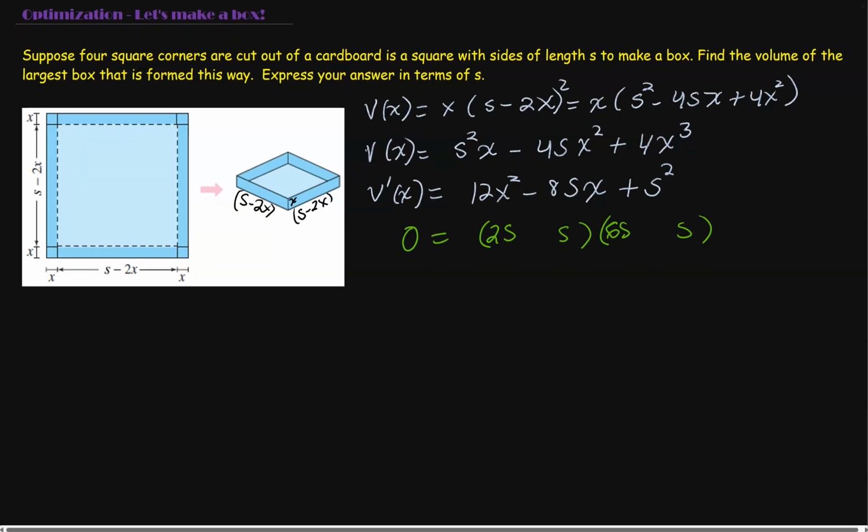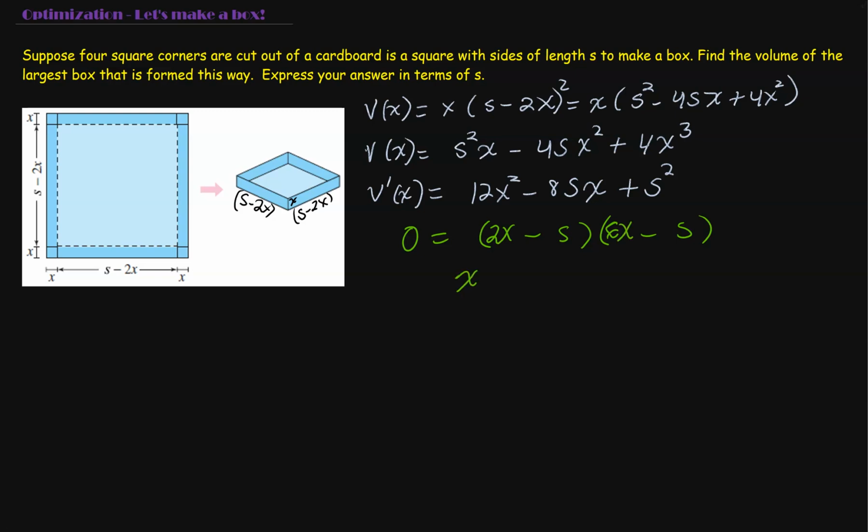And when we solve, that's not s in the front, that should be x, because we are still trying to solve for x. So x would be s over 2 or s over 6.